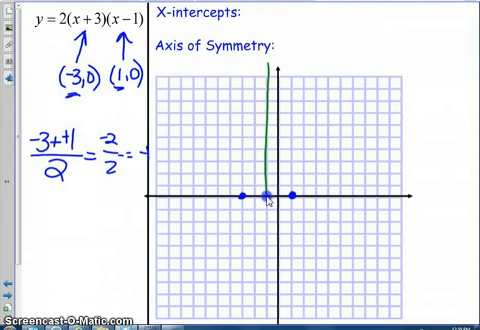What I know is that's my axis of symmetry. That's where that vertex has to appear. And we know it has to be somewhere below here. So what we do, a lot like when we found that axis of symmetry in the standard equation, we plug it in. We say, okay, what is y when x is -1?